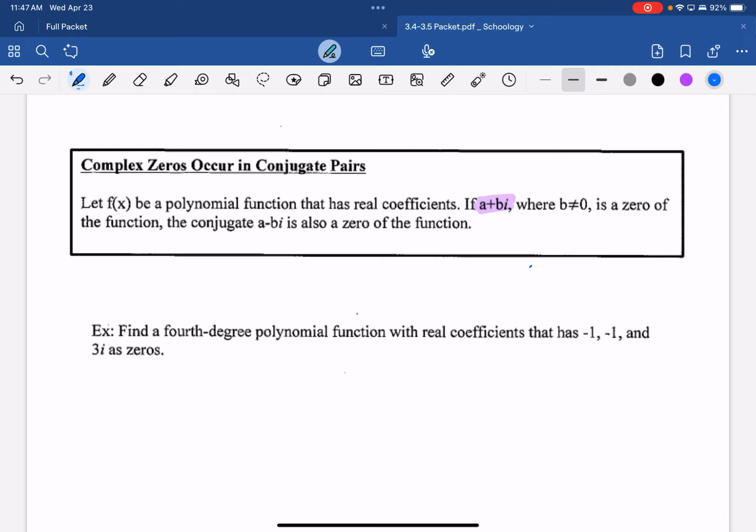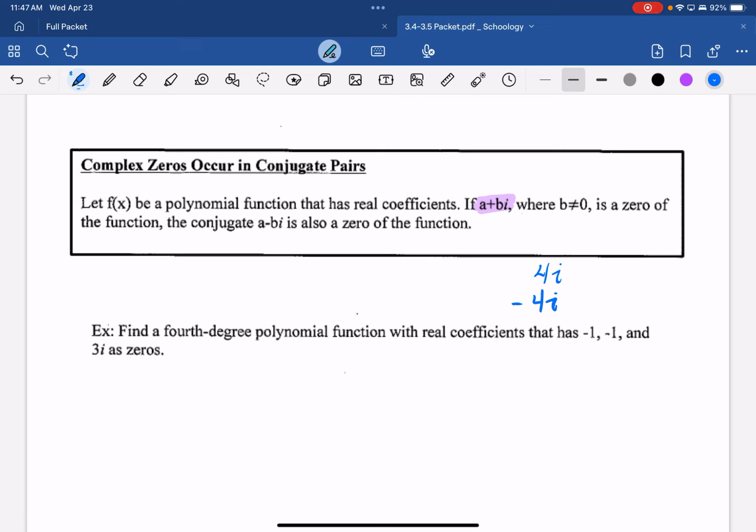So for example, if I tell you that 4i is a 0, you know negative 4i also has to be there. You can't have one without the other, like a package deal. You just put a plus minus. That's exactly why that rule works.